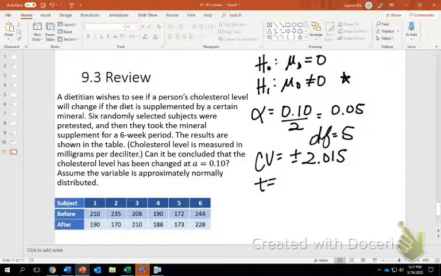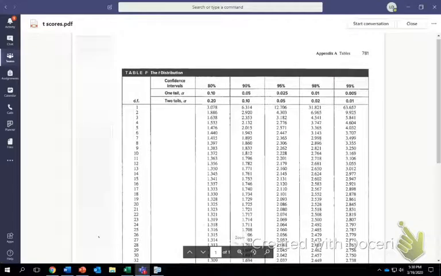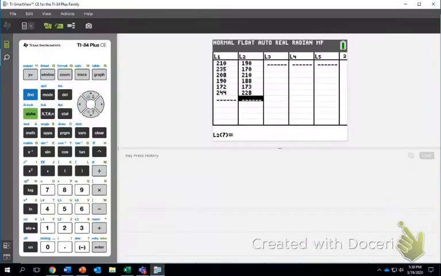Now I have to find my test value. Instead of doing the crazy table that we did before, I'm going to use my calculator this time. I actually went ahead and put all of our pieces in. Once you're done, press the right arrow and then the up arrow so you can get to L3, and tell it to subtract list 1 and list 2.